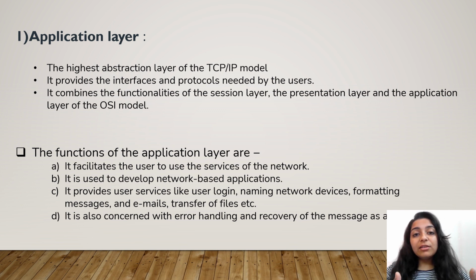And then it provides user services like user login, naming network devices, and formatting messages, emails, transfer of files, etc. And yes, it is the most important one: it provides the function of error handling and recovery of messages.